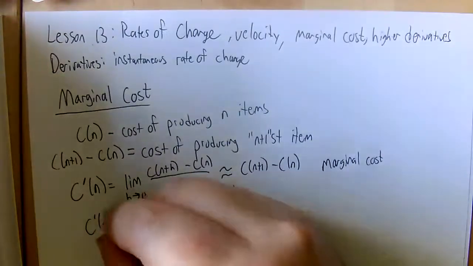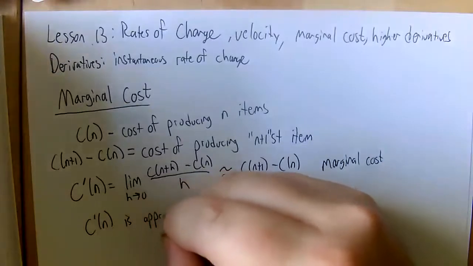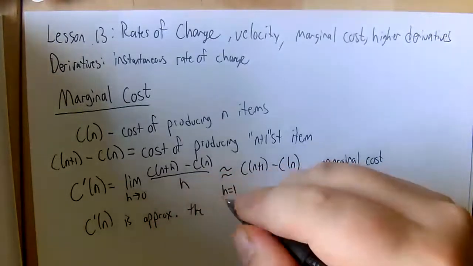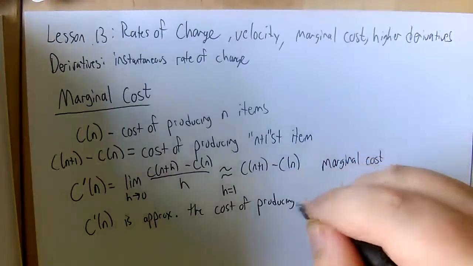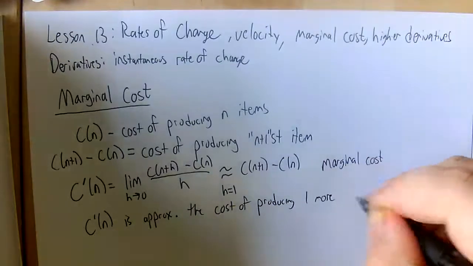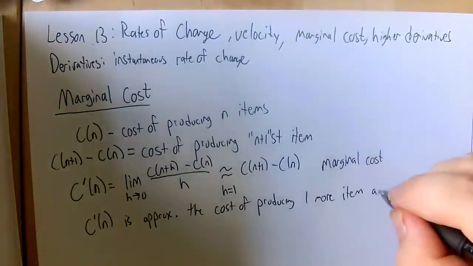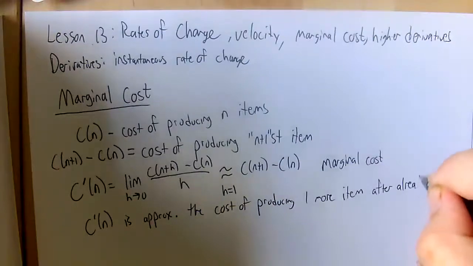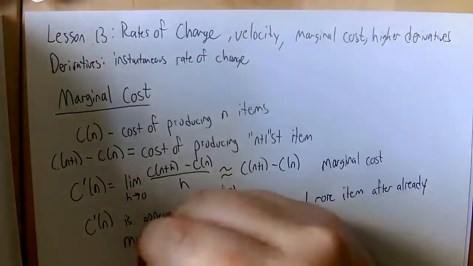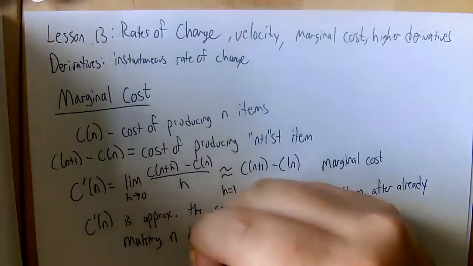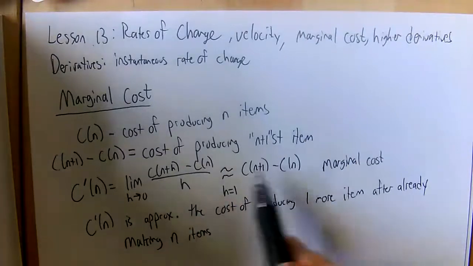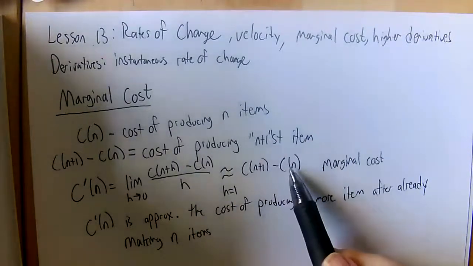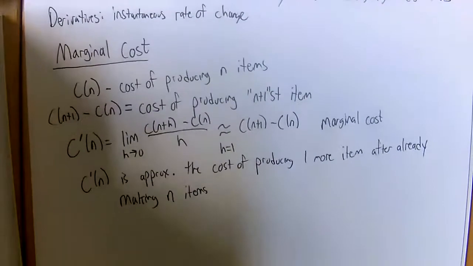And so c prime of n is approximately the cost of producing one more item after already making n items. And it turns out as long as your n value is large, these two right here, c of n plus 1 minus c of n and c prime of n, tend to be very similar in size.